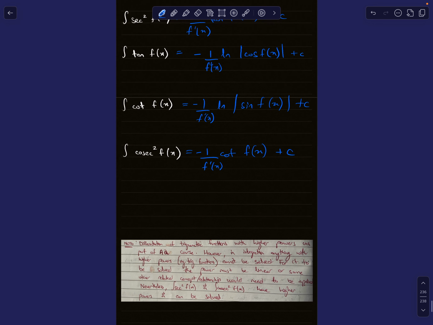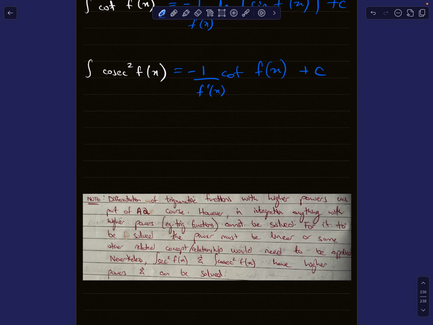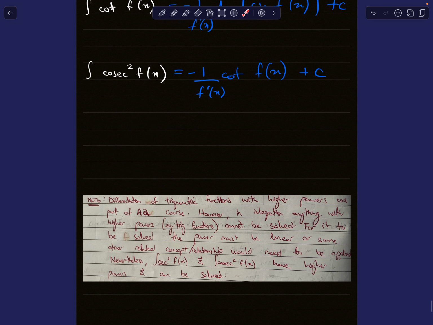And just remember that the differentiation of trigonometric functions with higher powers is part of your course, but the integration is not part of your A2 course because it cannot be solved.